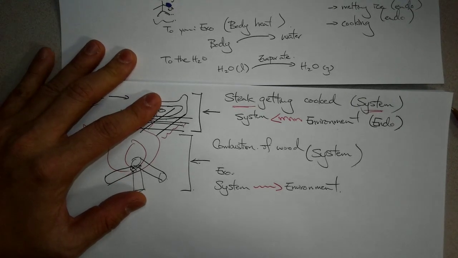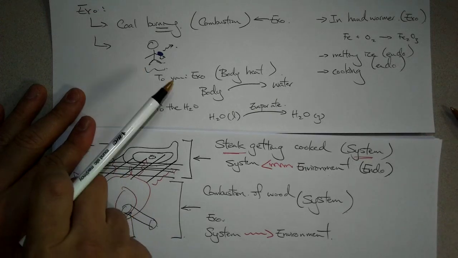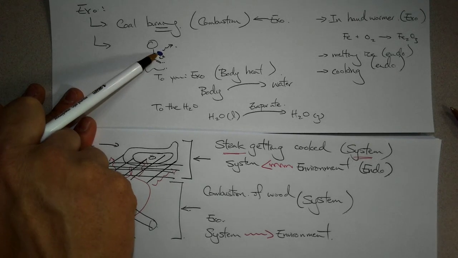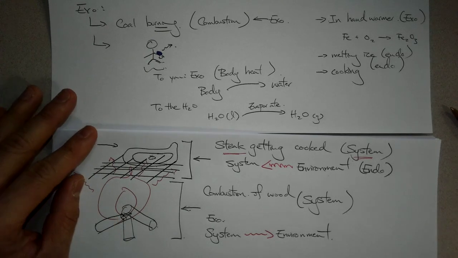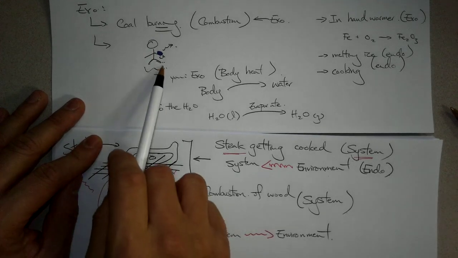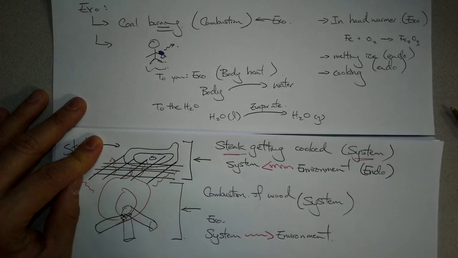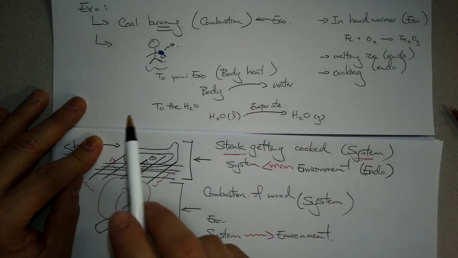Just like earlier, Josh's example of coming out from the pool, there's water all over him, and the water absorbed the body heat and then evaporated. So even though the two things are very close to each other, his body and the water on top of his body, you look at the system.